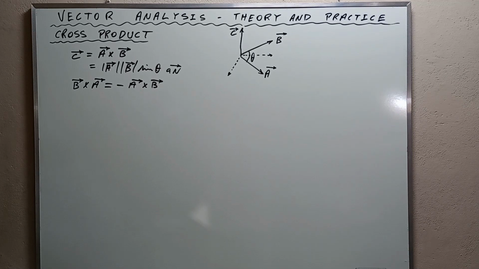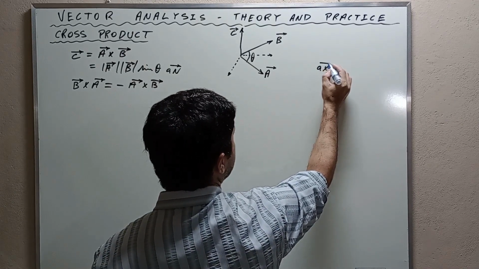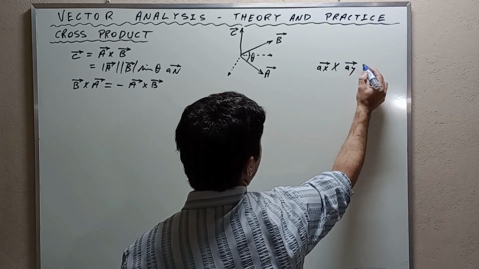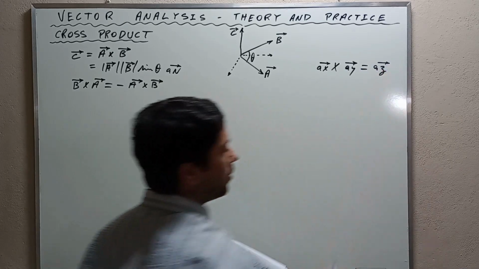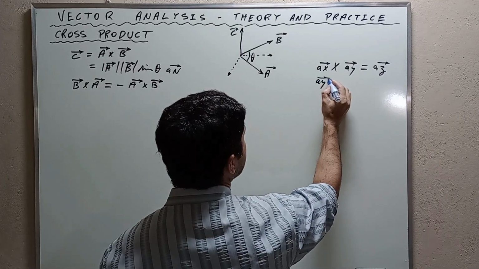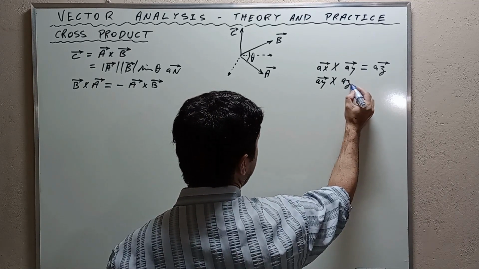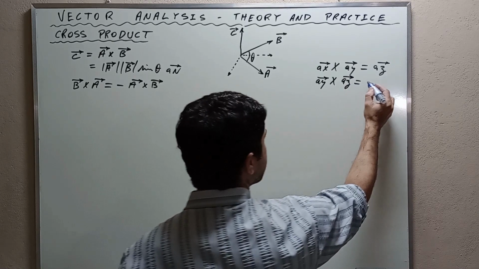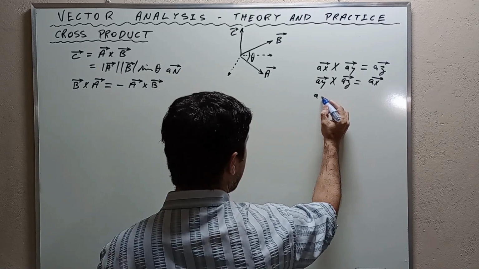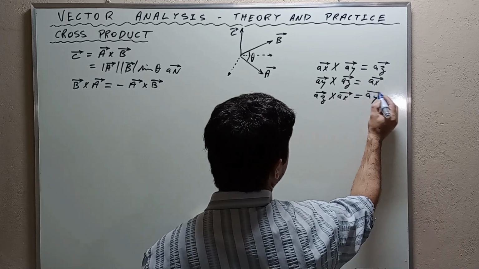And observe that AX cross AY is AZ. AY cross AZ is AX. And AZ cross AX is AY.